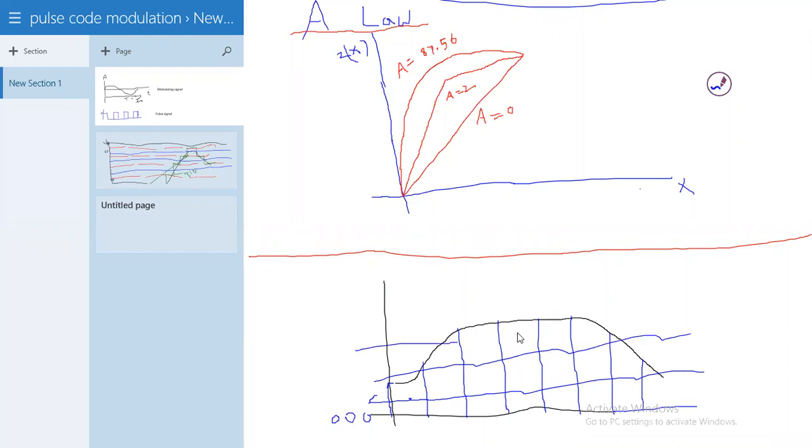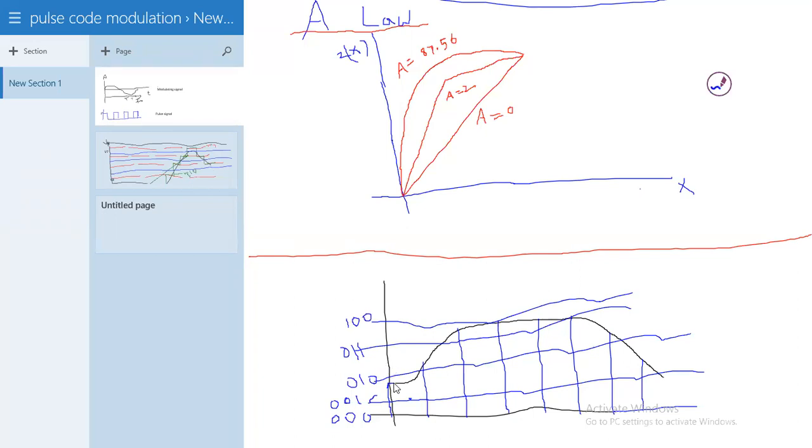I am just giving an example. Here 0 0 0, then 0 0 1, here 0 1 0, for this one 0 1 1, and for the last one 1 0 0.